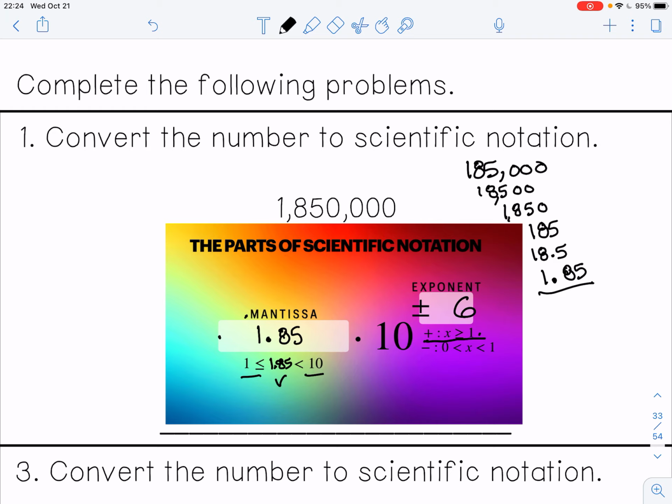Is 1,850,000 bigger than 1? Yes. So that means that our exponent is going to be positive. So what is our final answer? Our final answer is 1.85 times 10 to the positive 6 power. So that's what your final answer should be.